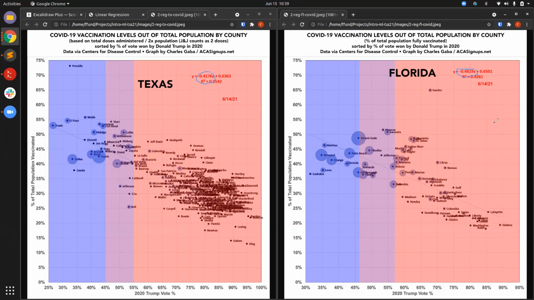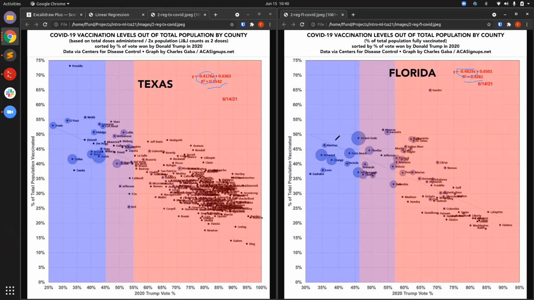Okay, so the association is different in Texas and in Florida. In Florida, on average, we see a bigger decrease in population level for 1 extra point of Trump vote. On the other hand, the R squared value is smaller, right? So that tells us that although there is a larger decrease in population vaccination level in Florida than in Texas, more of the variance is explained in Texas than in Florida.